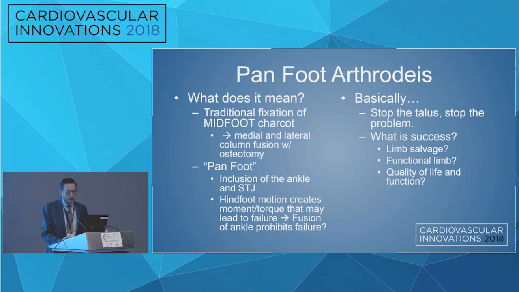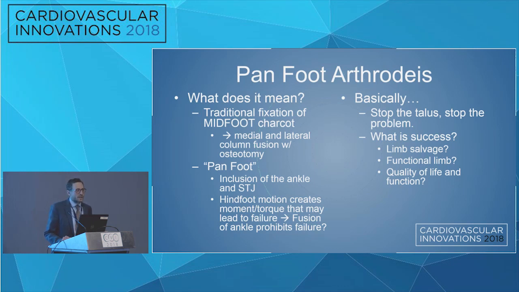And as a great point brought up, this is just a brief technique that we have championed a little bit in Pittsburgh and then ironically reversed ourselves a little bit over the last couple of years. We would call it a pan-foot arthrodesis, meaning traditional fixation of a Charcot midfoot when it's indicated, generally involving axial beaming or plantar plating, addressing the midfoot and perhaps excluding the ankle.